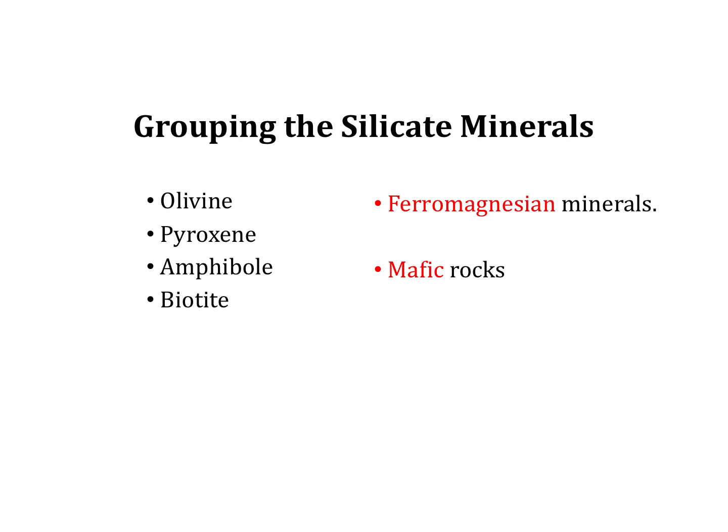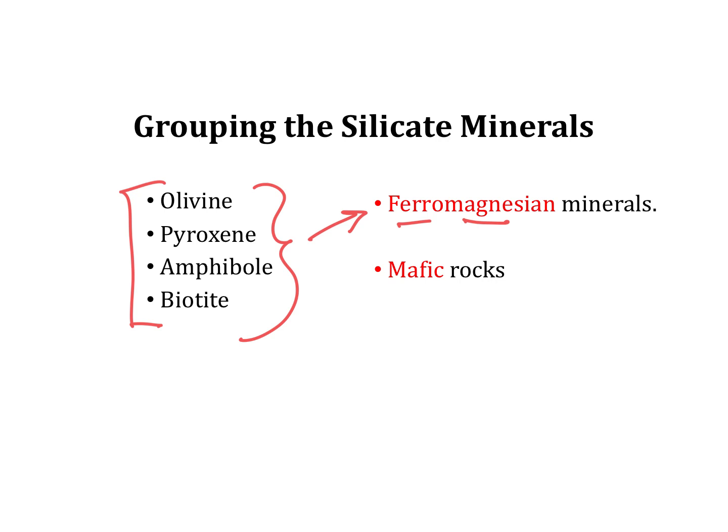So in our first group, we have olivine, pyroxene, amphibole, and biotite. These minerals are sometimes referred to as the ferromagnesian minerals. Ferro just meaning iron and magnesium meaning magnesium. All of these minerals contain iron and magnesium.